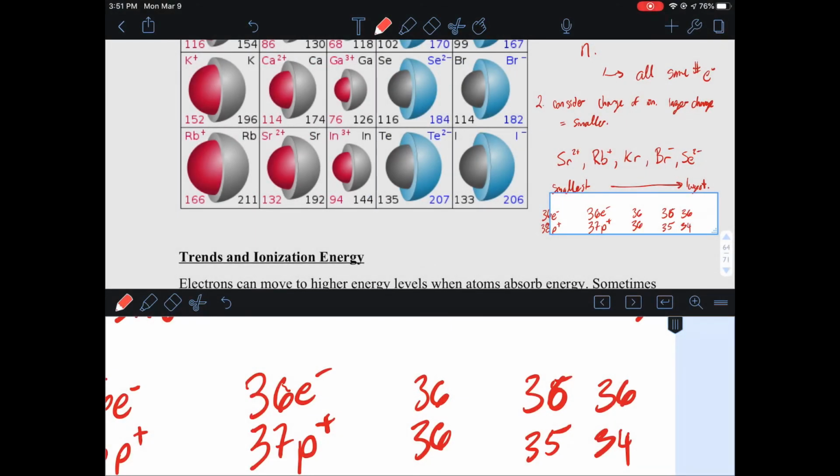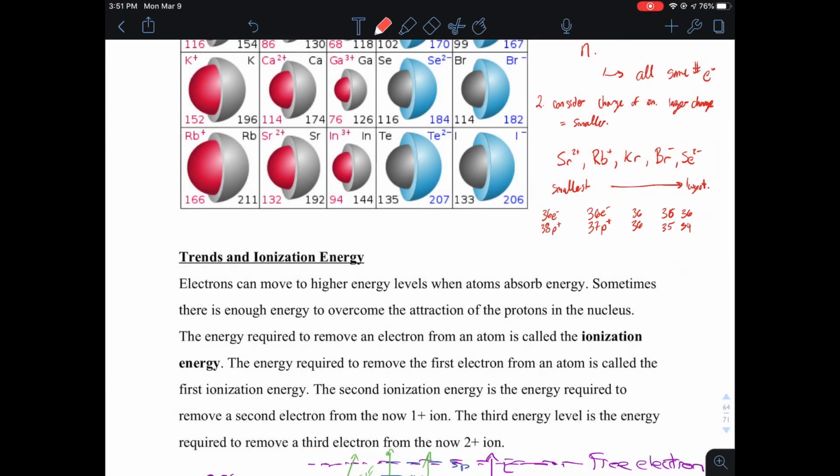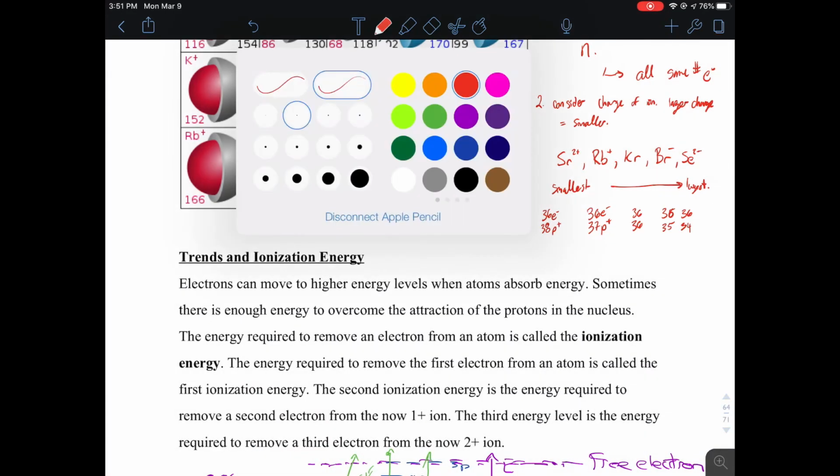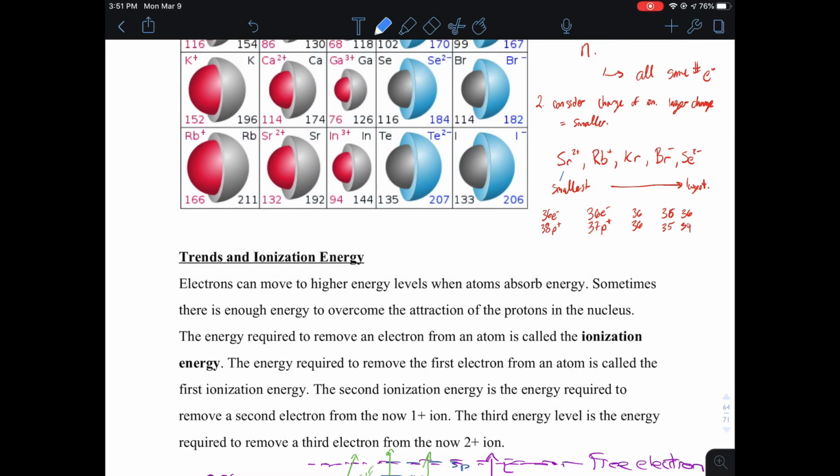So in each of these examples, the number of protons pulling on the electrons to make the atom small is decreased. So this one is the smallest because it has the most nuclear attraction. This one has the least.